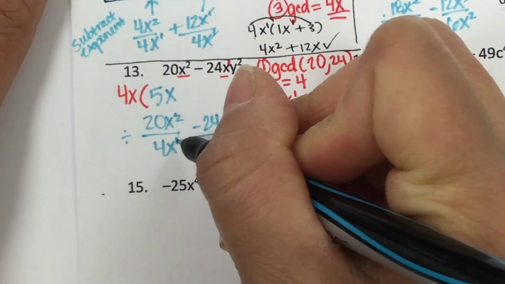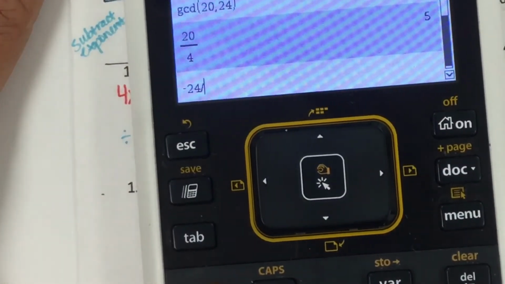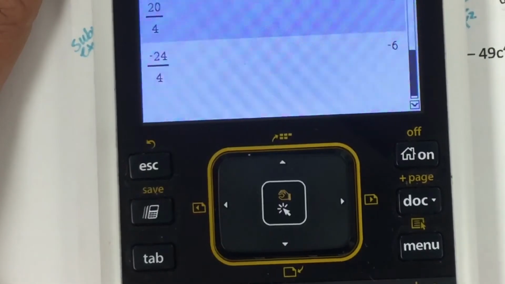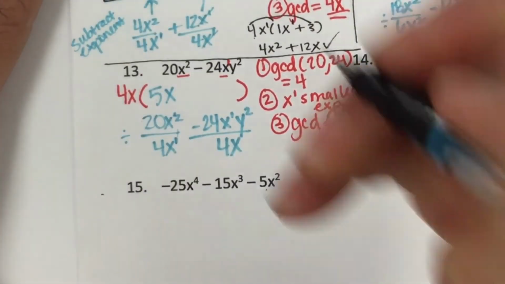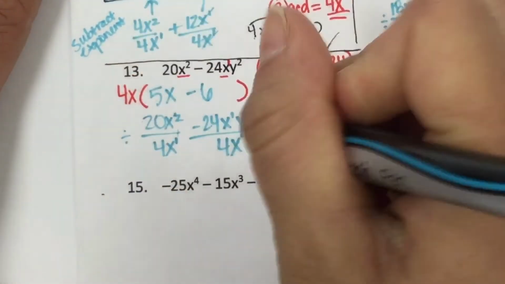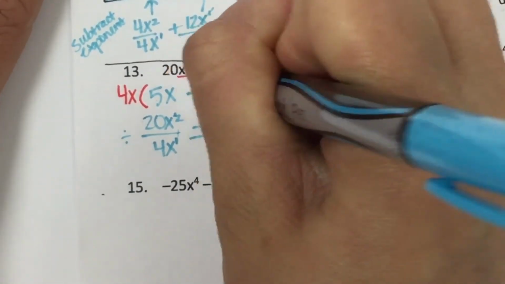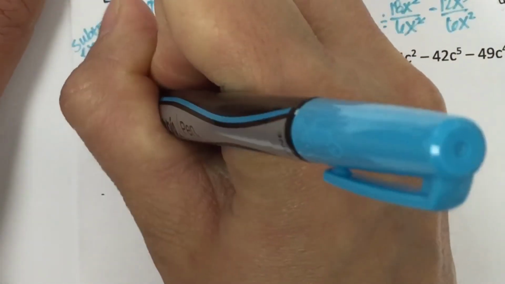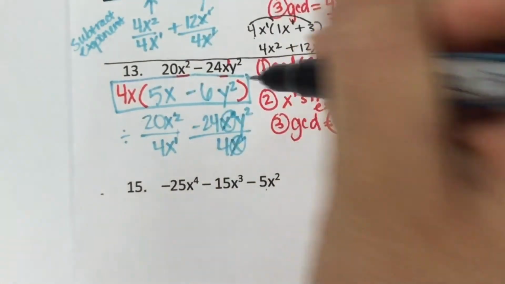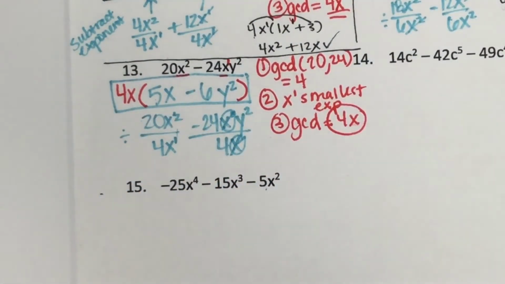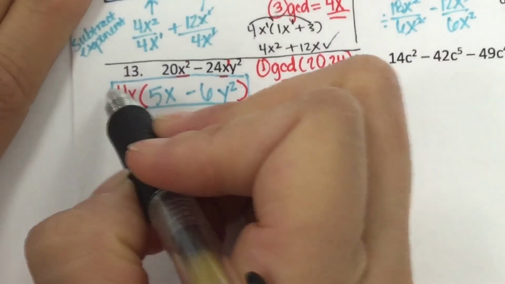Now you take negative 24 and divide it by 4. So negative 24 divided by 4 is negative 6. The x is going to cancel when you have only y squared left. So this is your final answer: 4x parentheses 5x minus 6y squared.